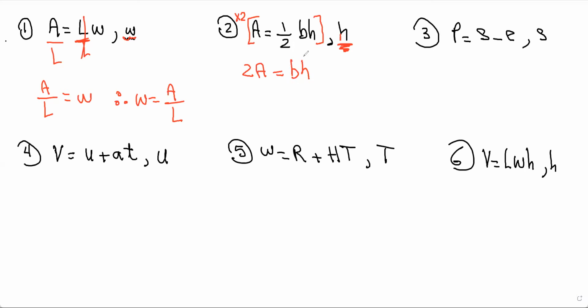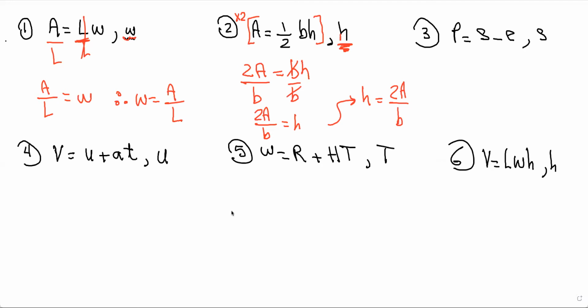Now at this stage, if I want to isolate the H, as indicated here, I have to divide both sides by B. And now this B will cancel this B. Then I have 2A over B equals H. So now I isolated the H, and you could write the H first: H equals 2A over B.